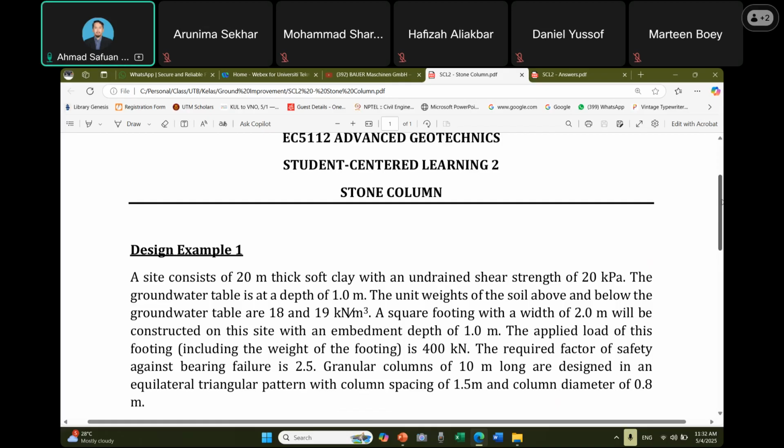The applied load of this footing, including the weight of the footing, is 400 kilonewton. The required factor of safety against bearing failure is 2.5. Granular columns 1 meter long are designed in an equilateral triangular pattern with a column spacing of 1.5 meter and a diameter of 0.8 meter.